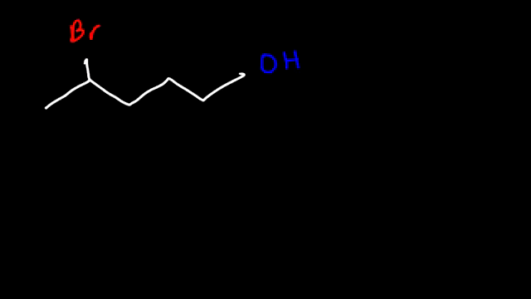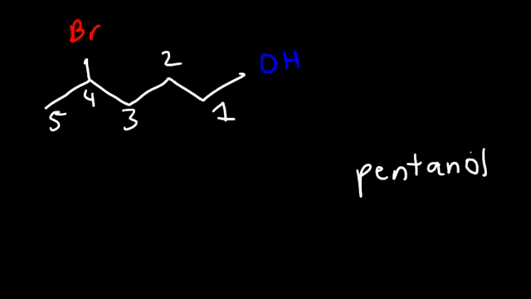So therefore, we need to start counting in this direction, starting from the alcohol. So this is carbon 1, 2, 3, 4, 5. So we have a 5-carbon alcohol, and so it's going to be called pentanol. And the OH group is on carbon 1, so it's 1-pentanol. And we have a bromine on carbon 4, so it's 4-bromo-1-pentanol.